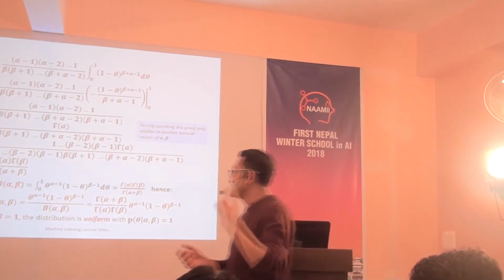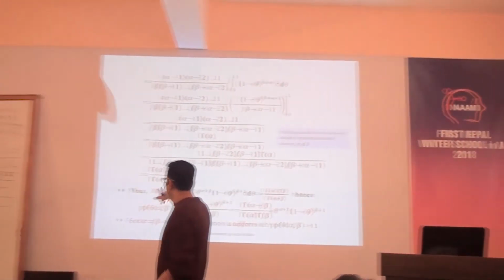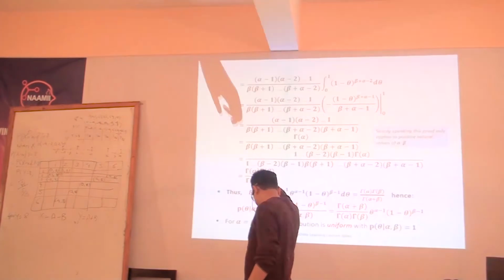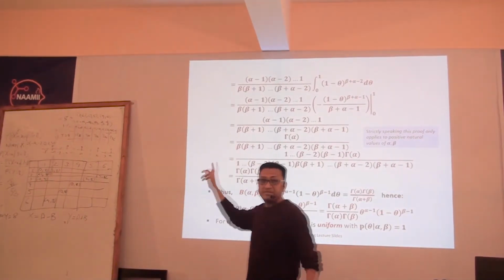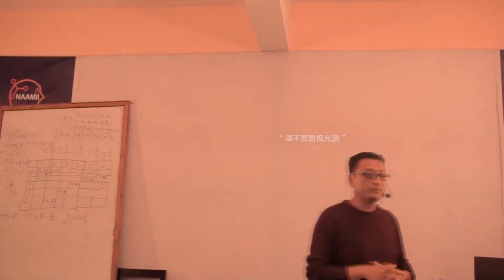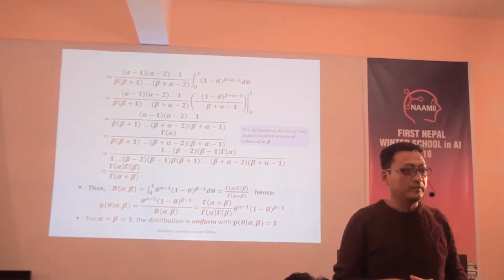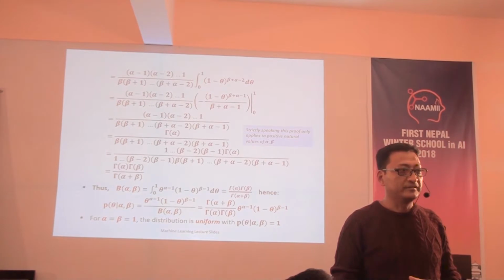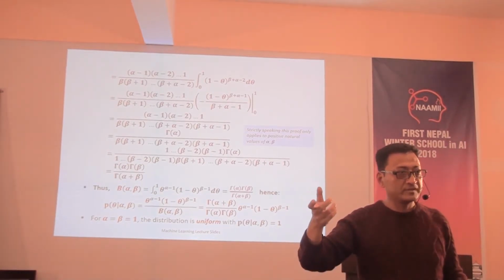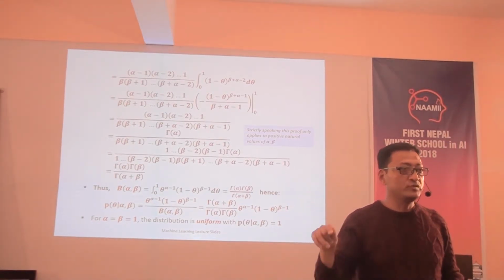Okay, let me just repeat this. So let's look at this one: gamma, alpha plus beta. What does that correspond to in the binomial distribution? That corresponds to n factorial, so this is just the inverse of the n choose k.